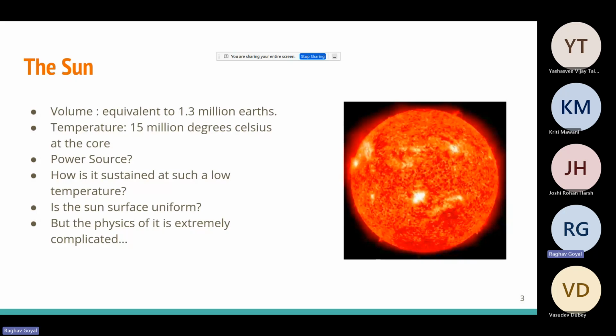Why I say that it is a relatively low temperature for fusion is because fusion achieved on Earth in artificial conditions has been achieved at temperatures of billions of Kelvin. And here we're talking about millions of Kelvin.